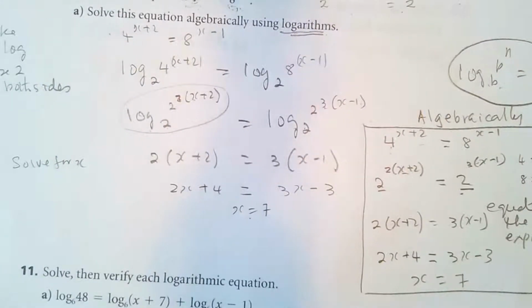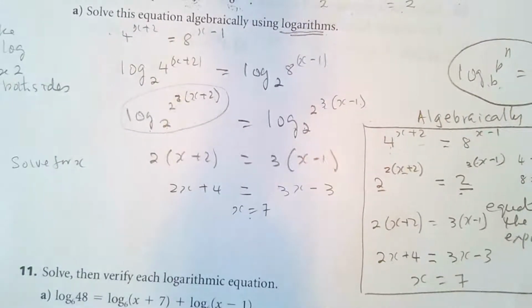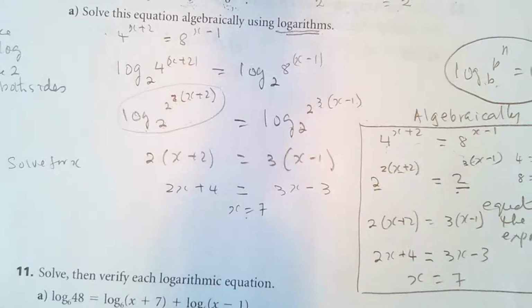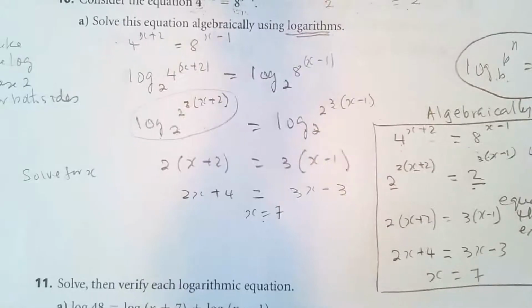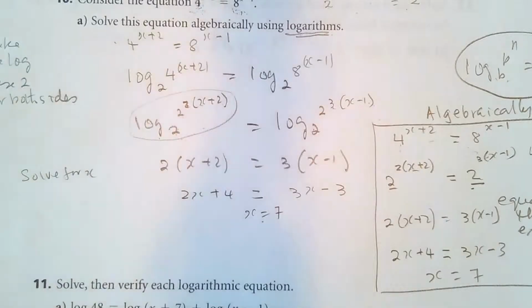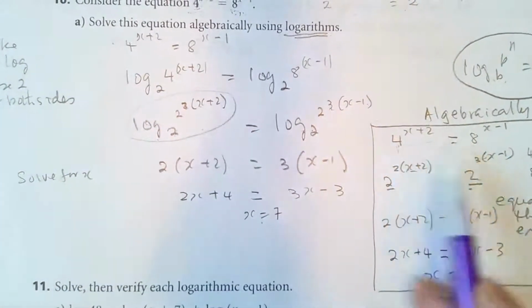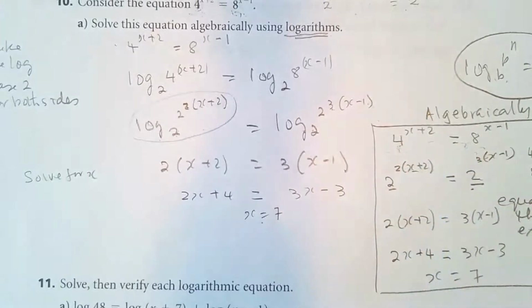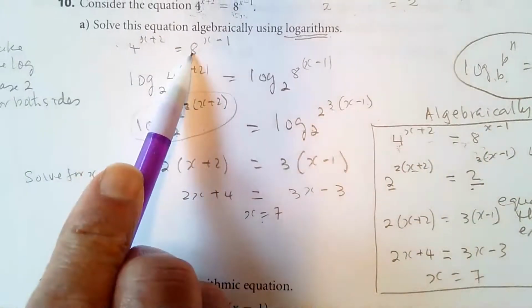So this is a guideline. Whenever you can write both sides with the same base, then we equate the exponents. When we cannot write both sides of an exponential equation with the same base, as we'll see in example 12, then we'll have to use logs first.